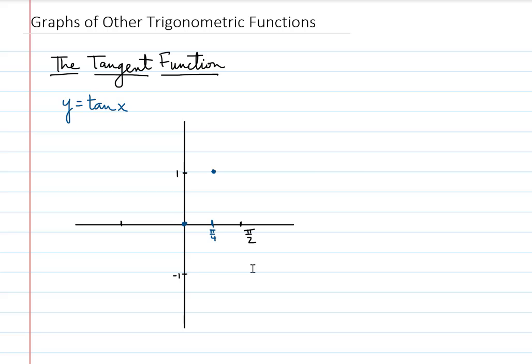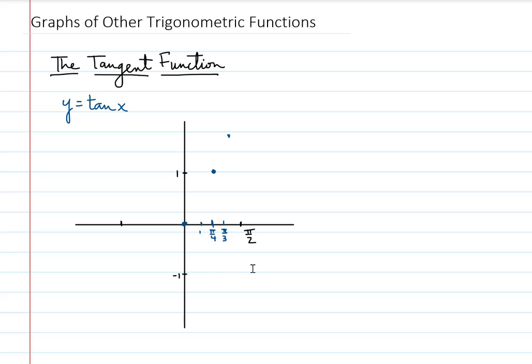For instance, tangent of pi thirds. That's square root of 3 over 2 divided by 1/2. That's going to give you the square root of 3, which is about 1.73. I'm not making this exact, but you get the idea here.